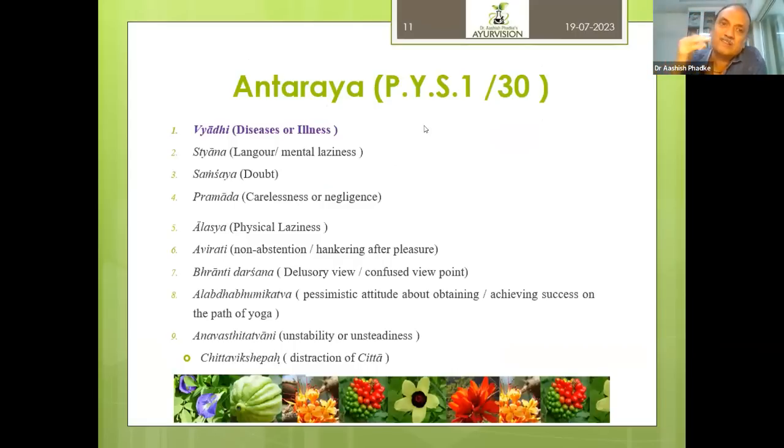So Vyadhi is diseases or illnesses. And while discussing Vyadhi in Ayurveda, the Shastrakar, our ancestors, discussed very clearly that Vyadhi can be divided into 2 classes. One is Sharir Vyadhi, that is physical illness or physical diseases, and Manas Vyadhi, that is mental diseases or mental disorders.